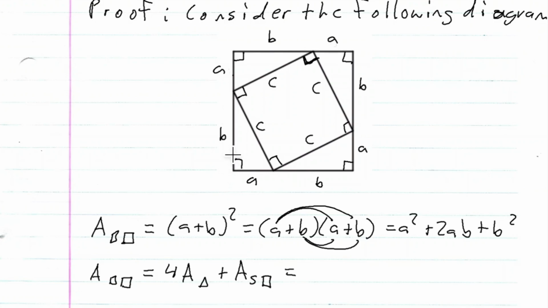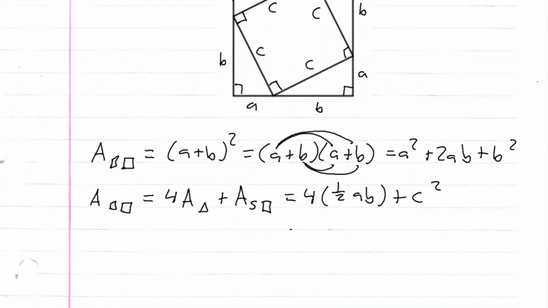And it's the height because it is the perpendicular distance between the vertex and the base, whichever base you choose it to be. So this is 4 times 1/2 ab, plus the area of the small square, which is c squared.